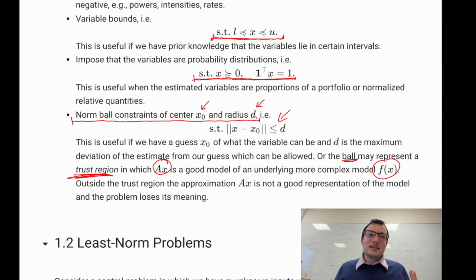But since my model is linearized around this point x0, I want the constraint that the solution cannot be too far away from x0. Because if that's the case, then the solution is meaningless, because I'm minimizing a model which is not a good approximation of my underlying model.